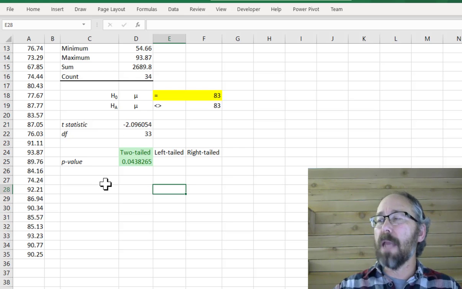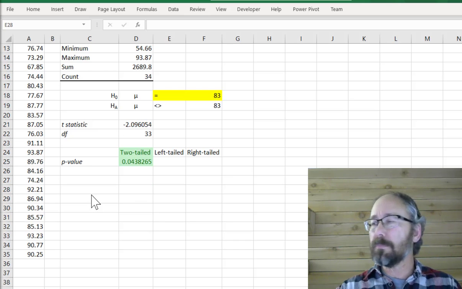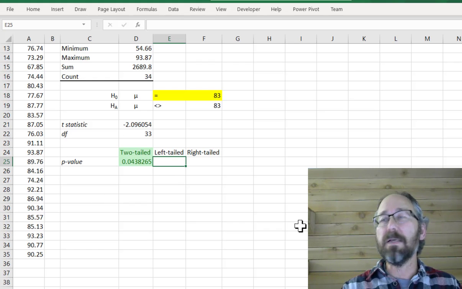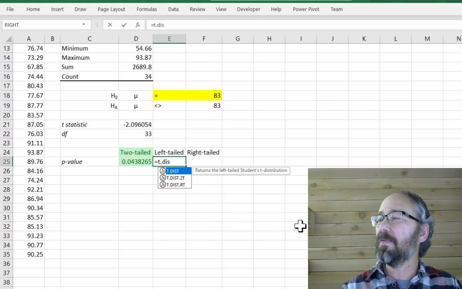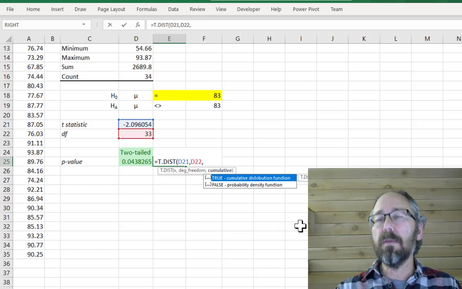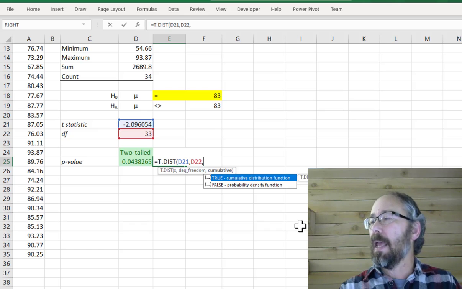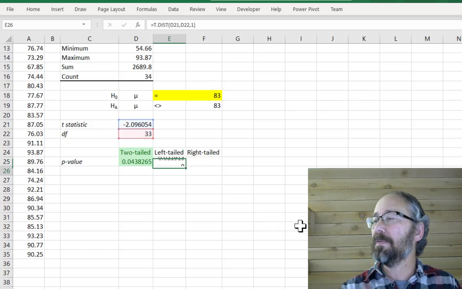Okay, let's continue on and enter our p-value formula for the left-tailed test and the right-tailed test. The left-tailed is simply T.DIST, for t-distribution. And again, it needs that x value, which is our t-statistic, and it needs the degrees of freedom. And for the left-tailed test, and only for the left-tailed test, we need to know if it's cumulative or not, and we want it to be cumulative.